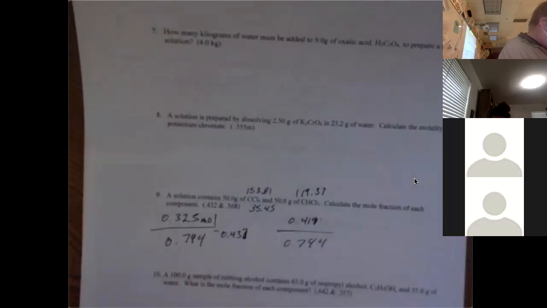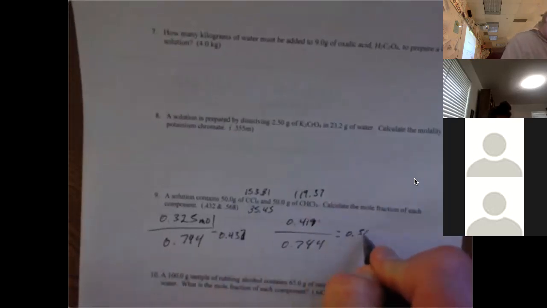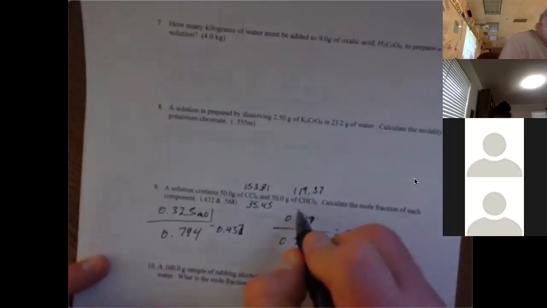The answer is about 0.5631. So remember that this is the individual divided by the total, individual divided by the total. This 0.744 came from me adding these up. I don't know why these don't match up, but that's close enough for me. I'm assuming it's probably because of some change in molar mass, or I made a slight error when I added it up with the calculator, maybe I missed hydrogen or something.